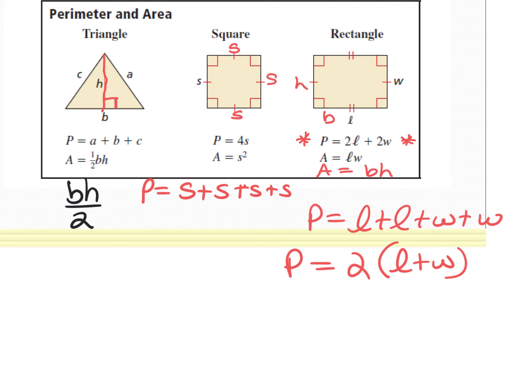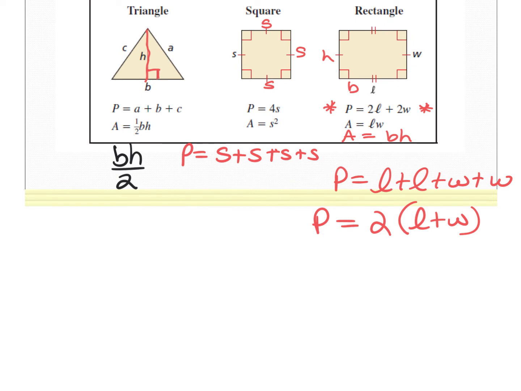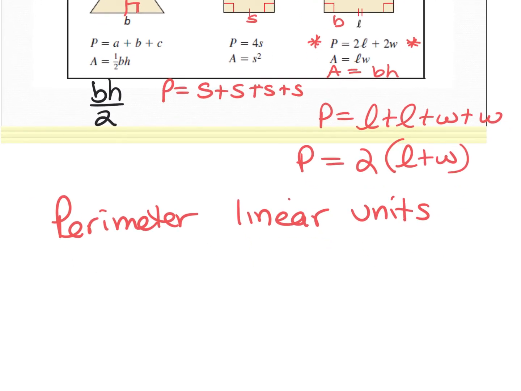So this could have also been labeled as a base, and this could have been labeled as a height. Now, whenever you calculate perimeter or area of these shapes, perimeter is always going to be measured in linear units. And what I mean by linear units, I'm referring to things like inches, feet, meters, yards. These are linear measures.